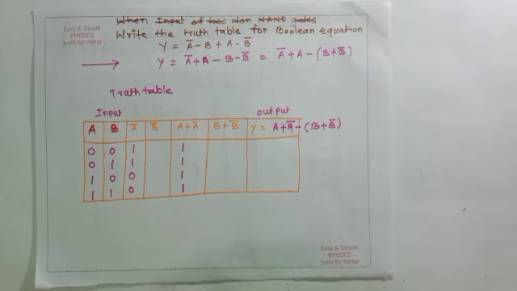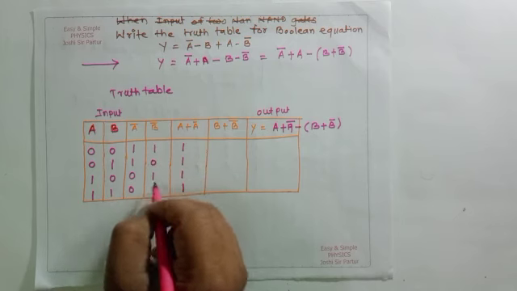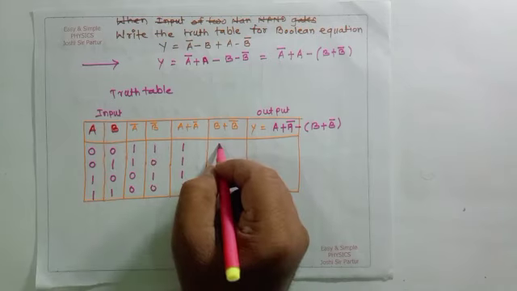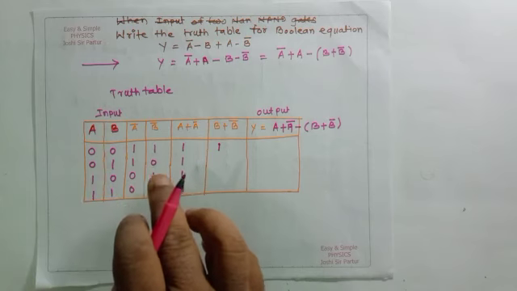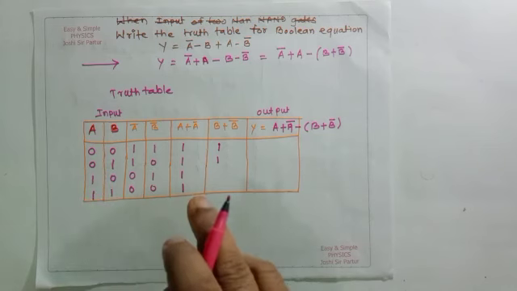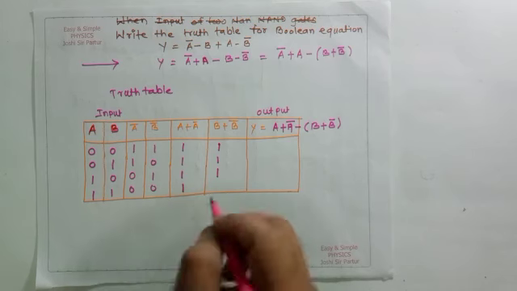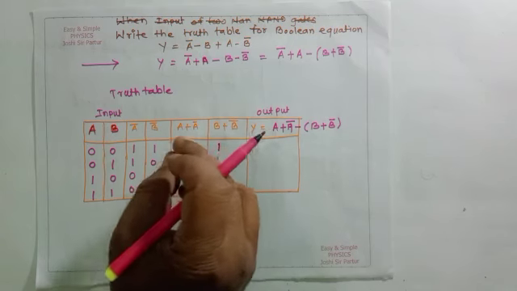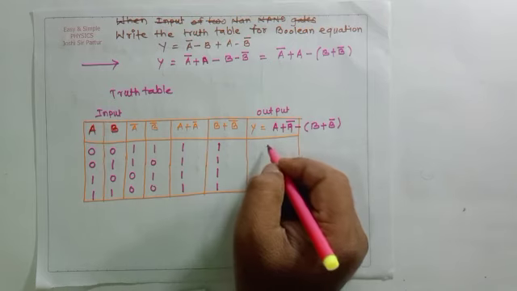Similarly here, complement B is high, low, high, low. So B and B complement is also high, high, high, high. So here A and A complement, B and B complement, their subtraction is there.